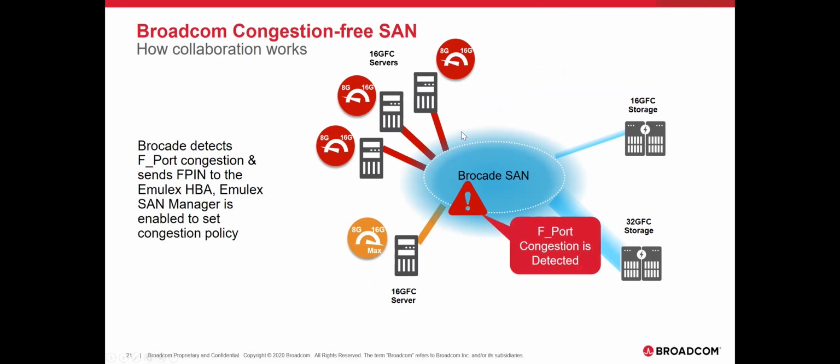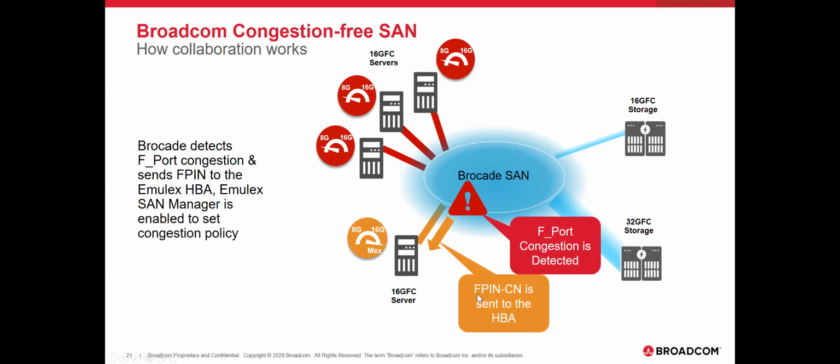What's new with Brocade FOSS 9.0 is that they can now detect that congestion. So that congestion is detected by the Brocade switch, and the new feature called FPINs now sends that notification to the specific port.